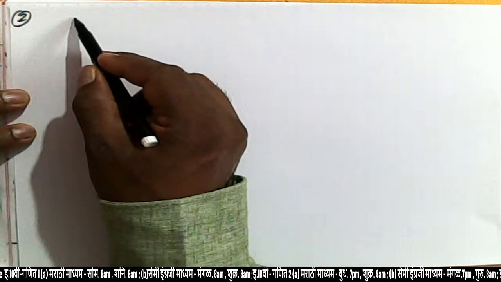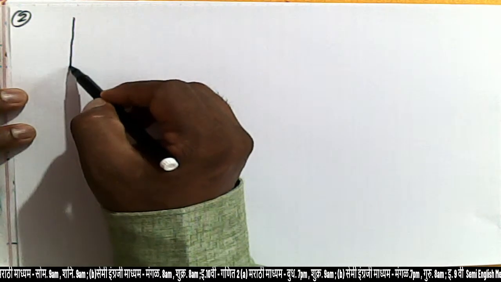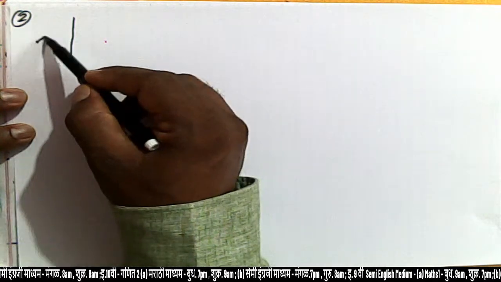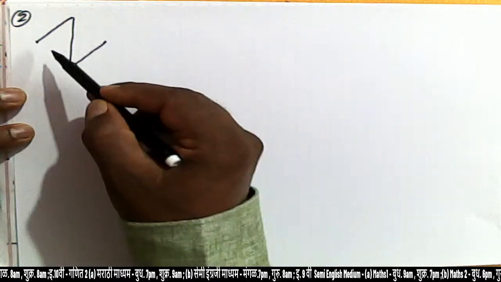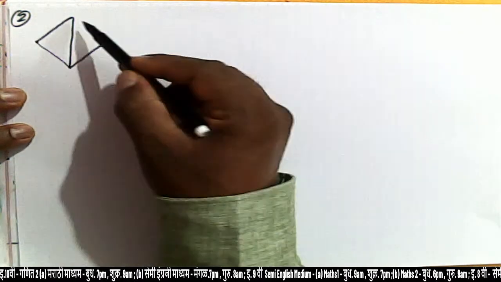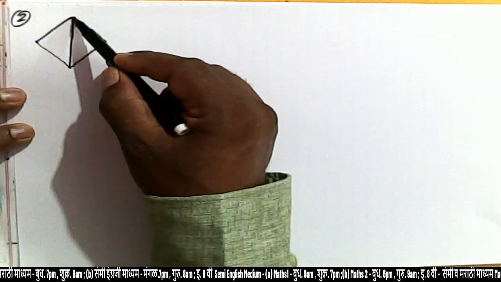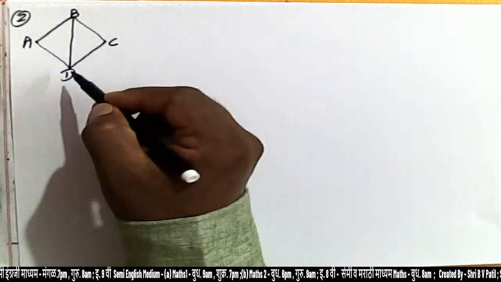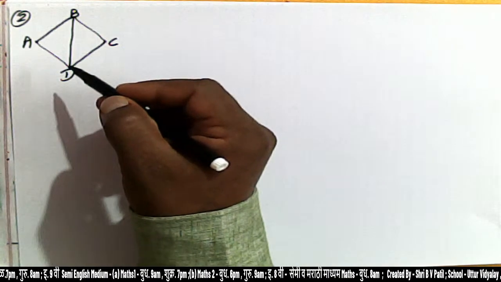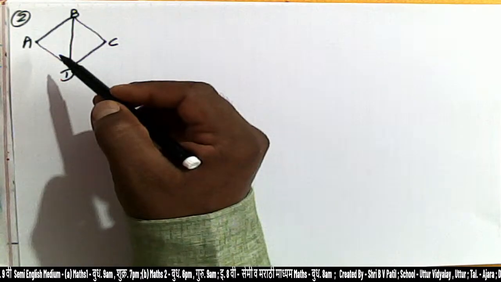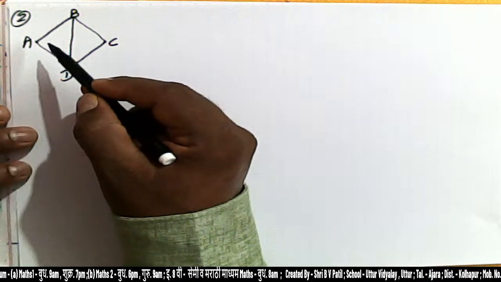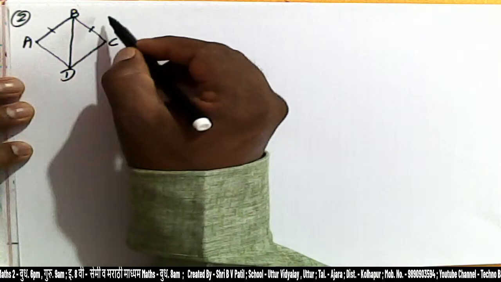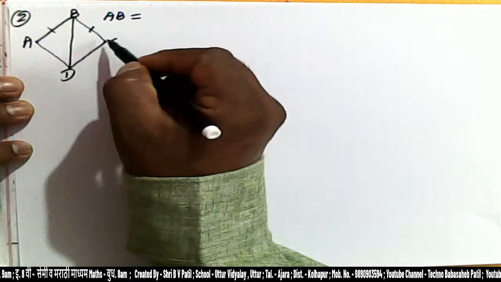Here triangles are given. A, B, C, D. Segment AB is congruent to segment CB.